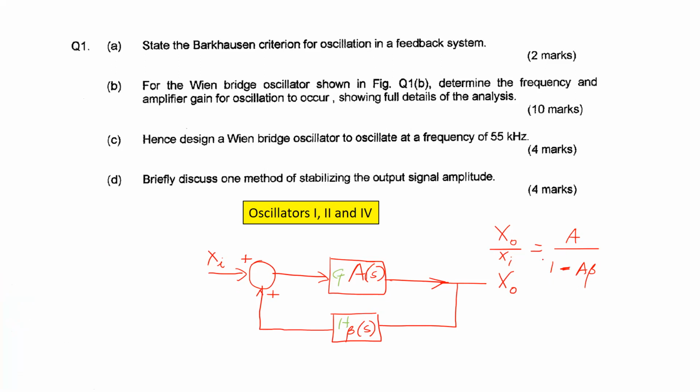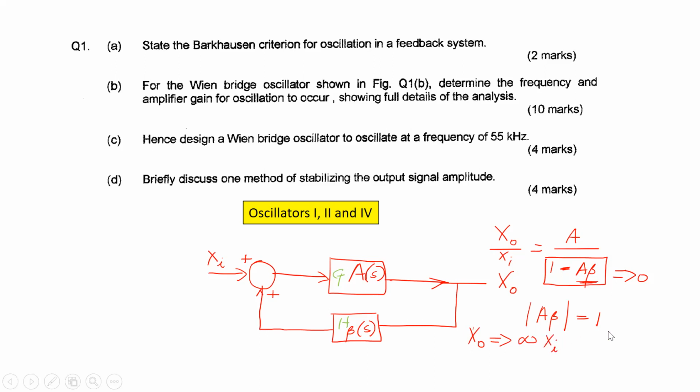Now, the thing about it is that if we watch this factor here, if the magnitude of A beta is equal to 1, then this denominator goes to 0. In other words, you'll have A over 0. So what you're getting at here is that X out will be approaching infinity times X in.